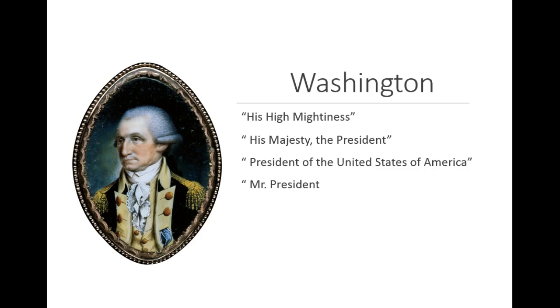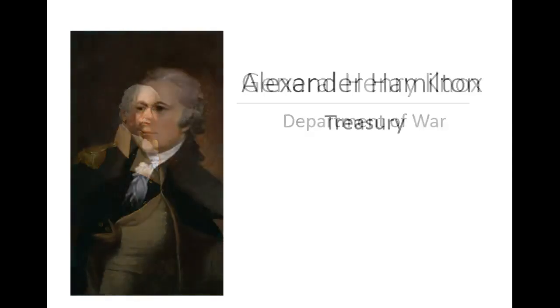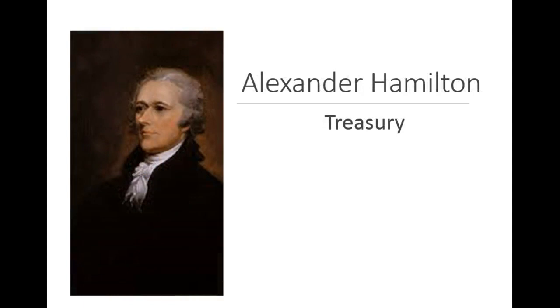Washington chose talented and experienced men to preside over the newly created Departments of War, Treasury, and State. General Henry Knox led the Department of War. Alexander Hamilton was selected for the Treasury.